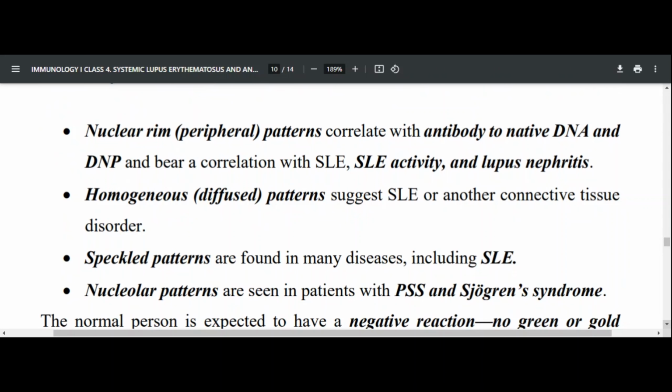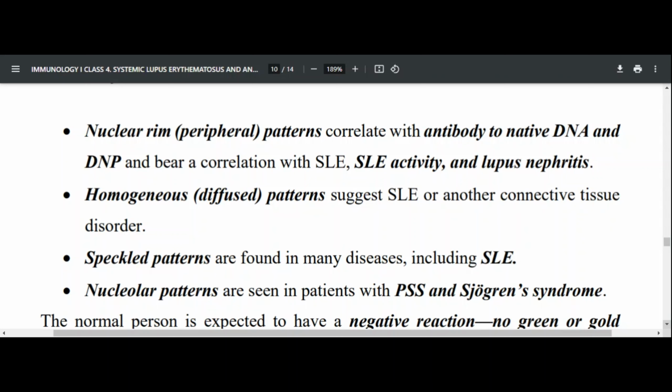So when you see this nuclear rim or peripheral pattern, that is suggestive of systemic lupus erythematosus, because that is where we find antibody against double-stranded DNA, but not really specific. It is just correlation, because even antibody against double-stranded DNA can also be seen in other conditions. But of course, in systemic lupus, we must always find antibodies against double-stranded DNA.